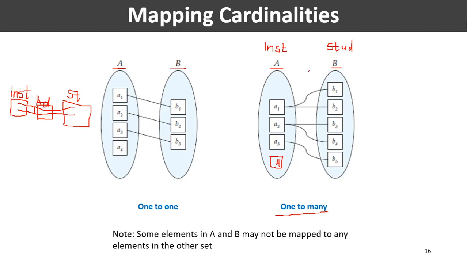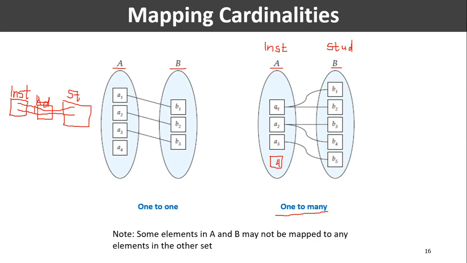So what we are saying is, let us assume A1 is my instructor. This instructor, that means this entity, is associated with any number of students, maybe 0, 1, 2 up to n, whatever it may be.